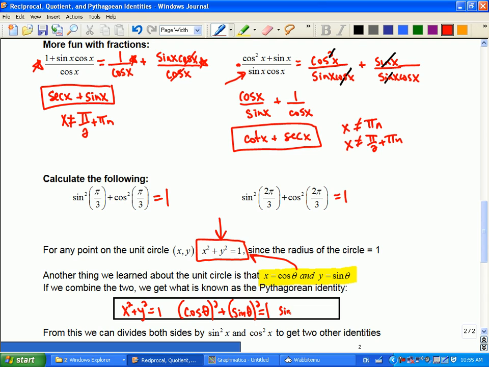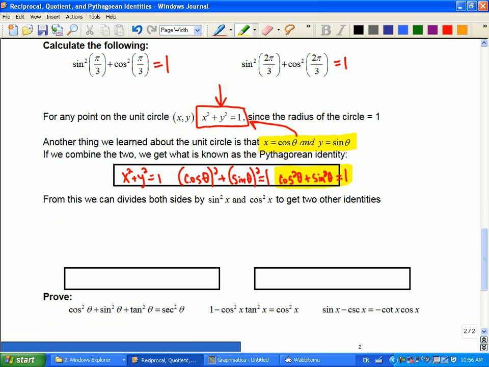So the Pythagorean identity is the cosine squared of theta plus the sine squared of theta equals 1. Now the reciprocal identities, I know you probably know those already. But they are on the formula sheet, and so is this one, okay?